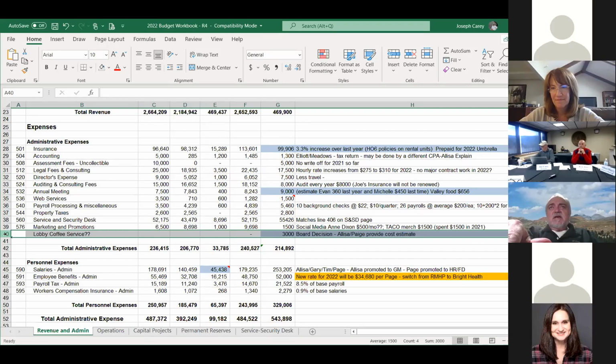I just think it's a nice touch, and there were some people who would be surprised and dismayed if it were not there. It hasn't been there since COVID started last March, so 18, 20 months.